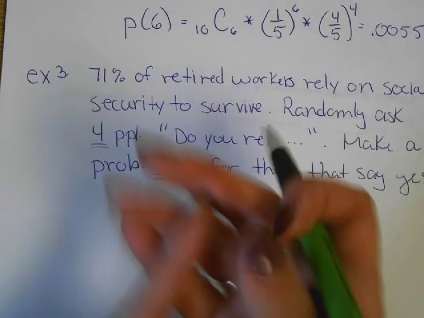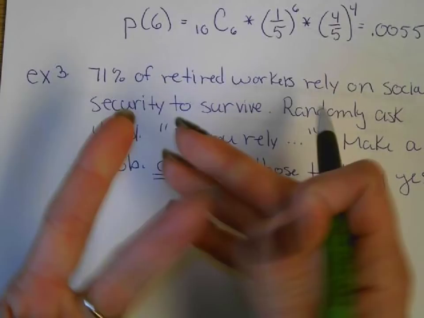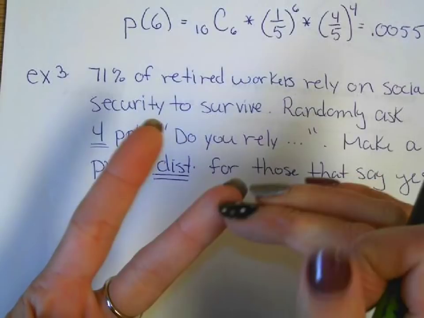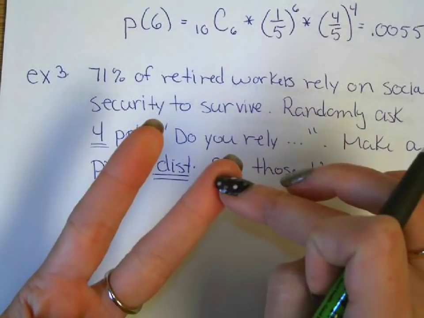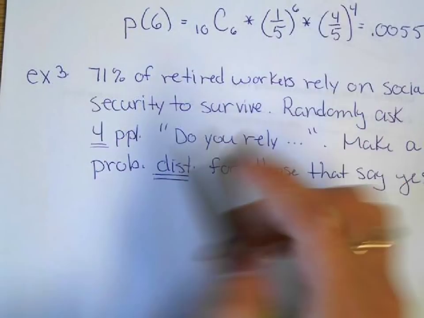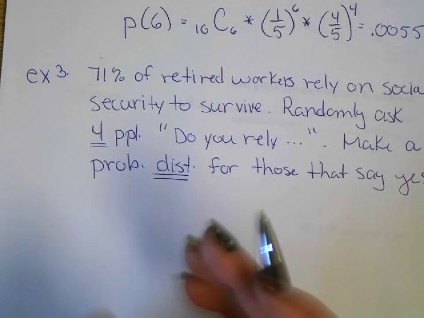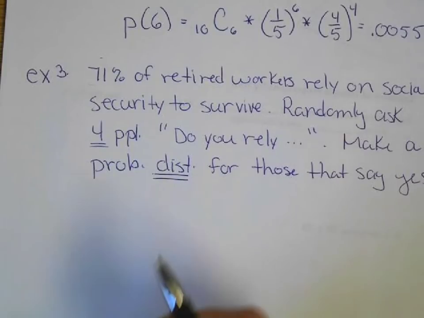They can either tell me, yes, I rely on Social Security, or no, I don't. I've got investments that I don't need Social Security. So it's success and failure. They either do rely on it or they don't. And then the probability of success, I got a 71% chance every single time I talk to someone. So it does fit the binomial criteria.